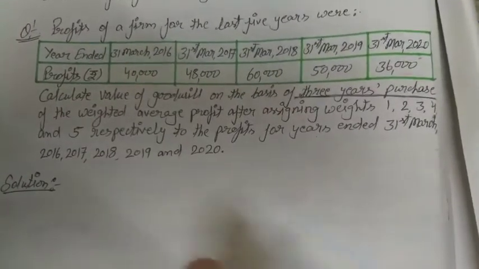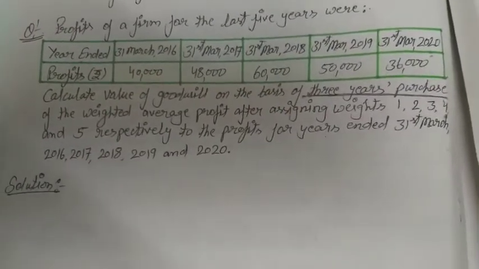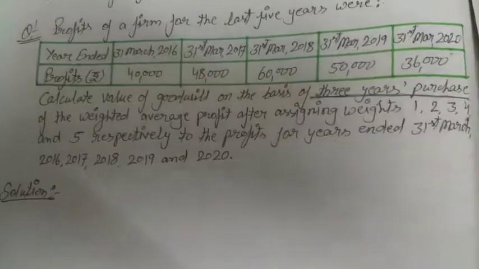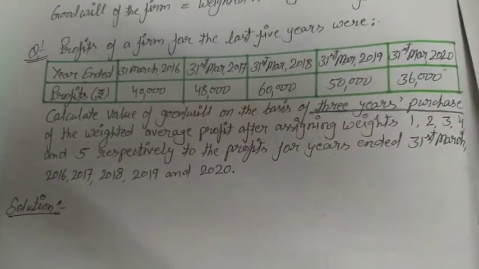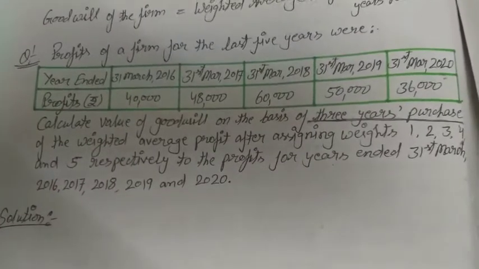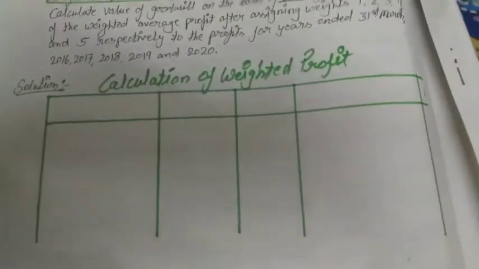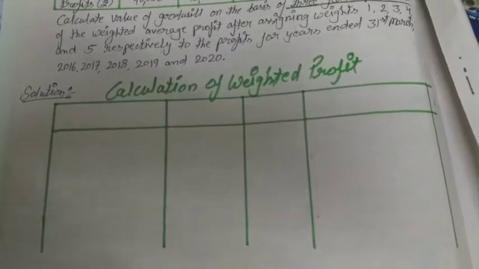Okay, now I am preparing a format under which you can learn more easily how we will show the profits and the weightage of the particular year. Okay, let's see the format and be focused on this format and try to understand each and everything. Student, this is the format to calculate weighted profit.